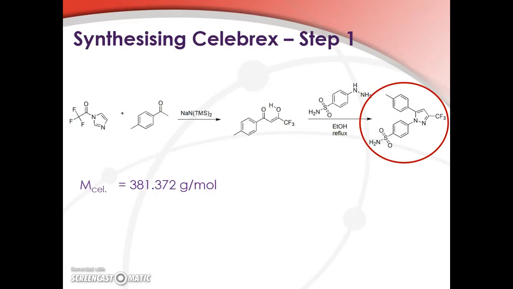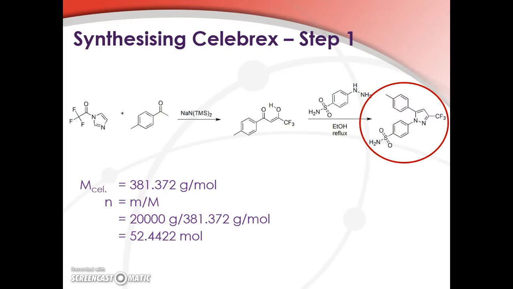They know the molar mass of Celebrex. They know the equation for number of moles from mass, and they know the number of grams they need. So pretty quickly we can find that we need 52.44 moles.